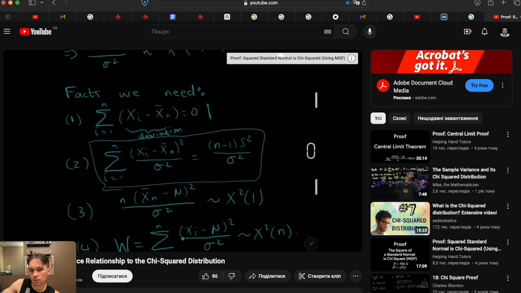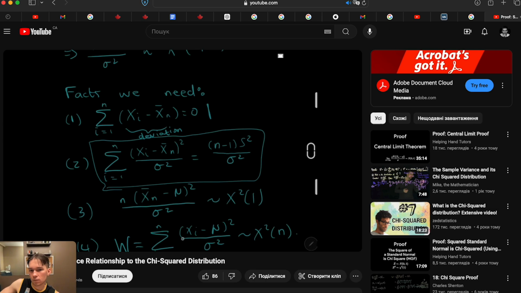The second fact that we need is this fact over here: if you take the sample mean and subtract the population mean, square that, multiply by n, and divide by sigma squared, then that random variable has a chi-square distribution with 1 degree of freedom.